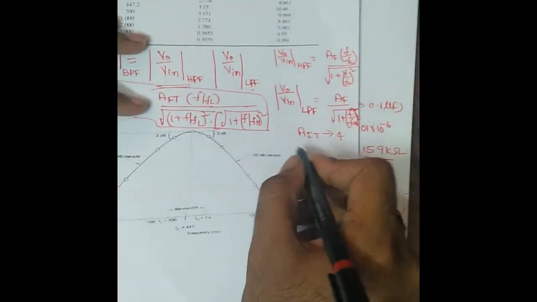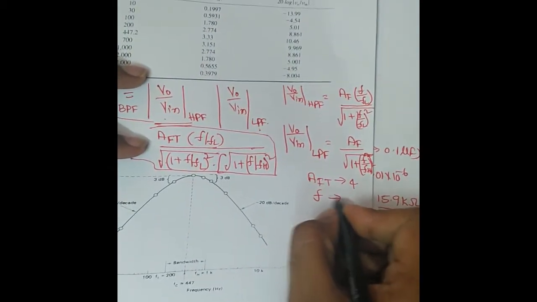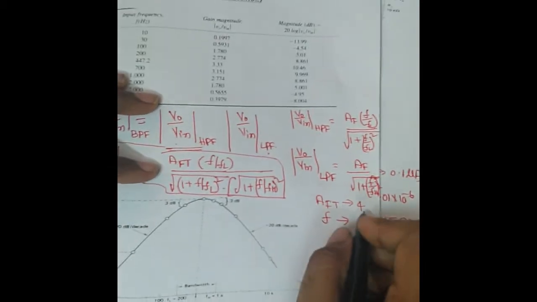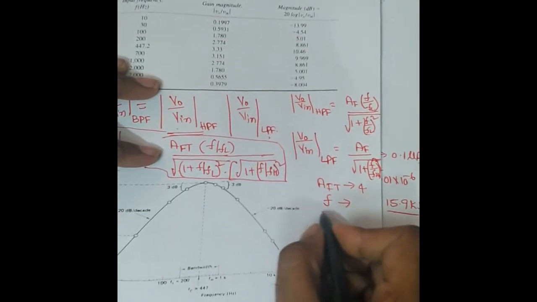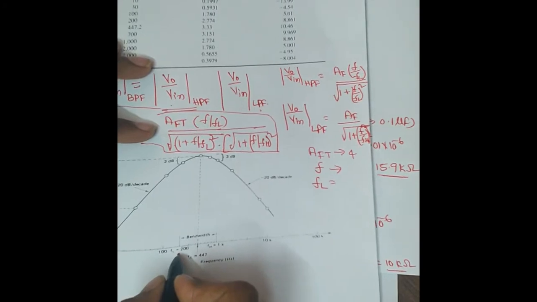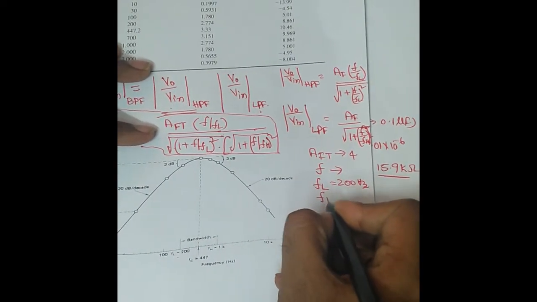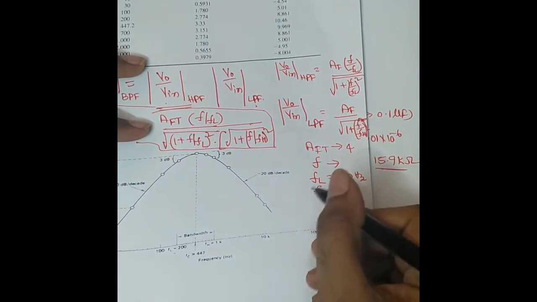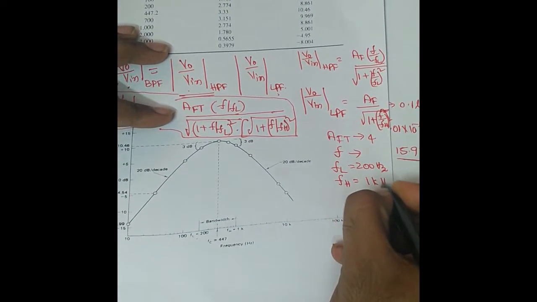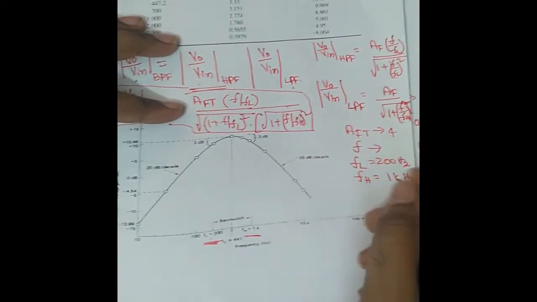The value of F is the frequency of the input signal, and FL is the lower cutoff frequency that we have taken as 200 Hz, and FH is the higher cutoff frequency. We have selected it as 1 kHz. FH is 1 kHz, and FL is 200 Hz.